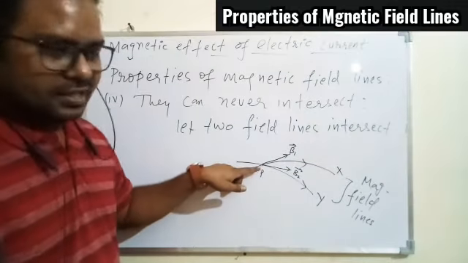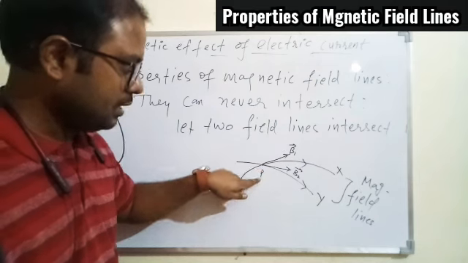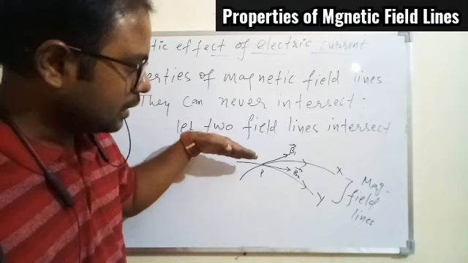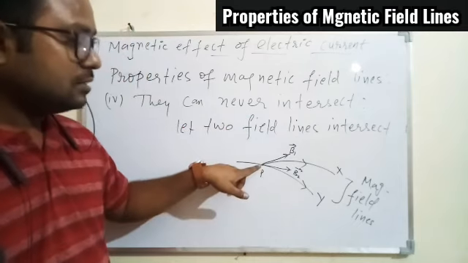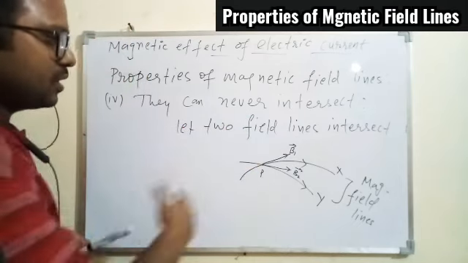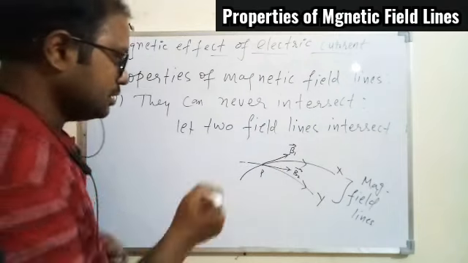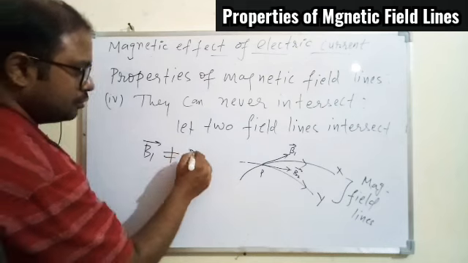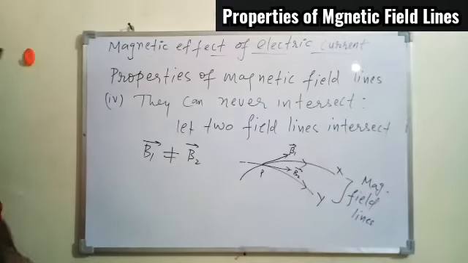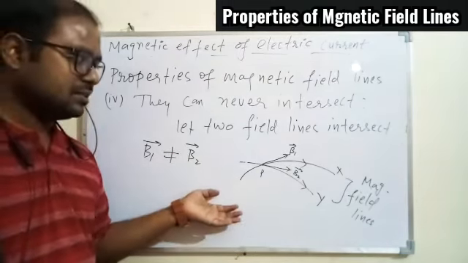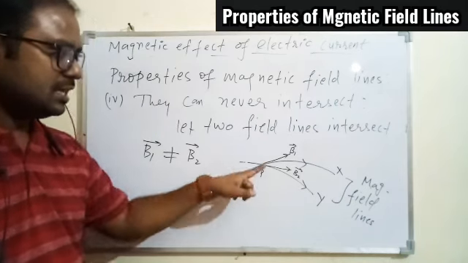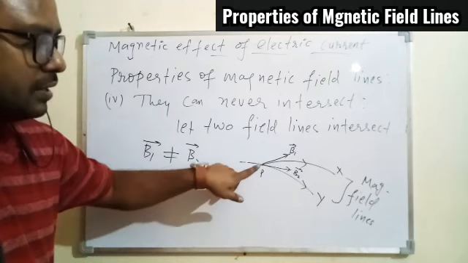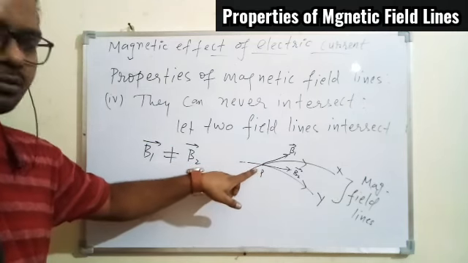So what you see is that the point is the same, but at the same point P, one magnetic force is facing this way and another is facing this way. Since they are facing different directions, B1 is not equal to B2. They are vectors facing in different directions, so they have different values. That means at the same point there are two different values of the magnetic force, which is not possible.